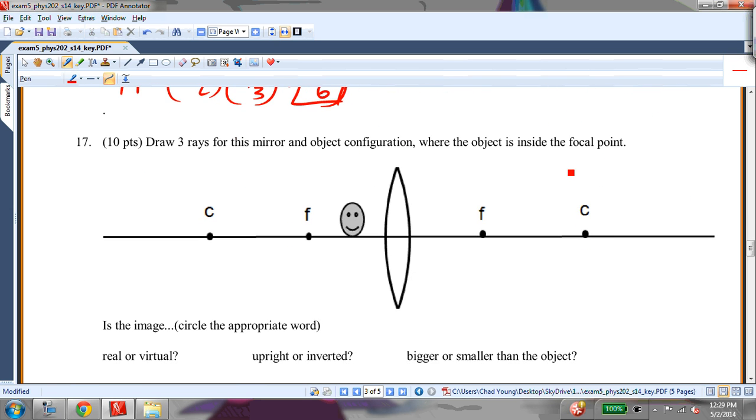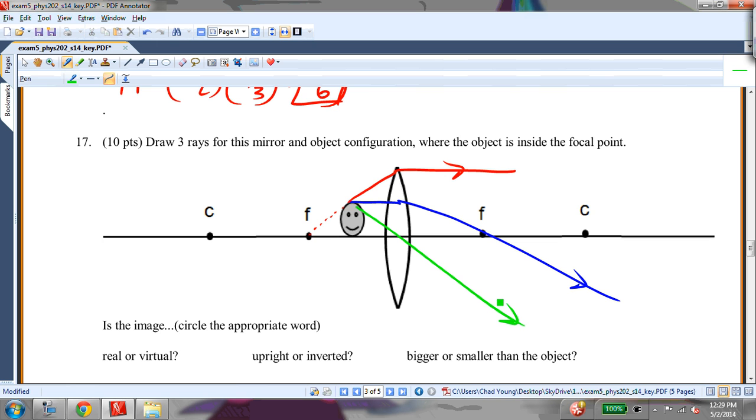All right, draw 3 rays for this object. All right, parallel to the axis, through the focal point, that is as if it's originating from that focal point, and then parallel to the axis, and then through the center of the lens.